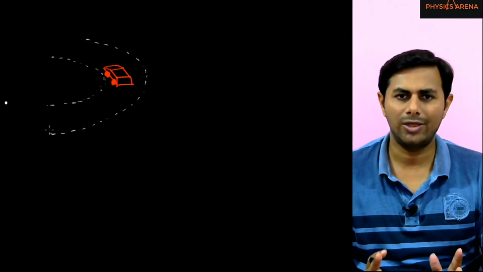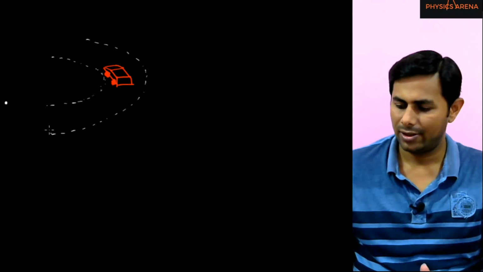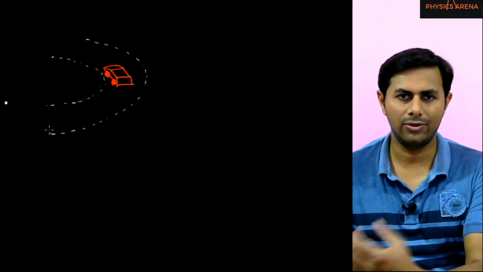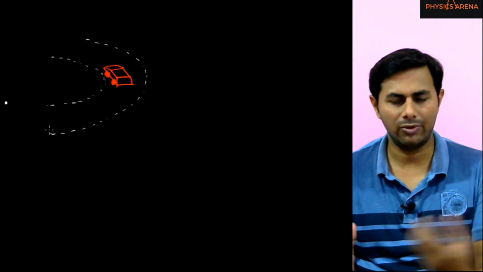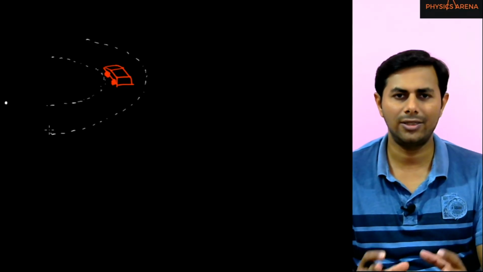To think about the answer, let's suppose that you are sitting in a car and that car is taking a turn like this towards left. So you might have observed that you get an outward jerk towards right. So you feel that there is some outward force acting on you, but in reality there is no such force.